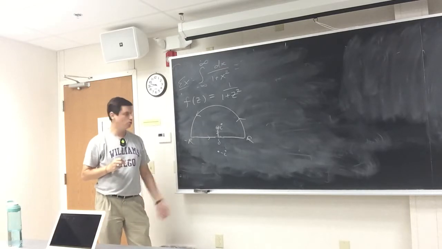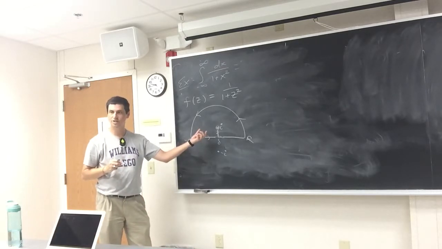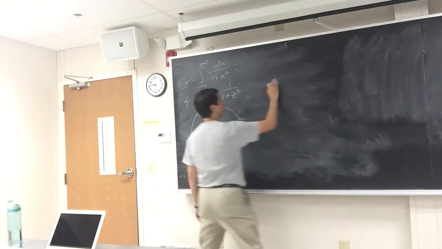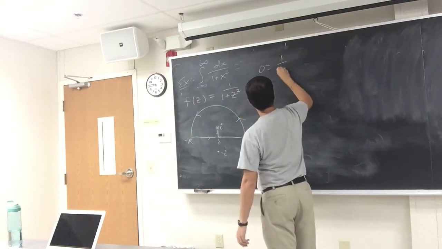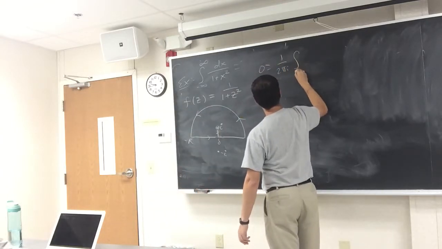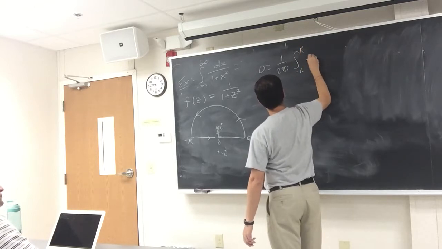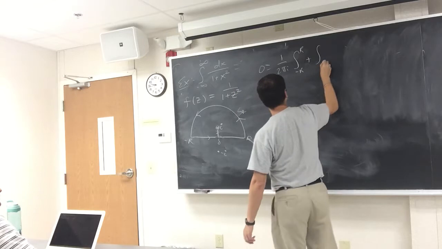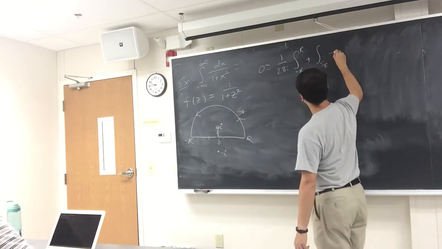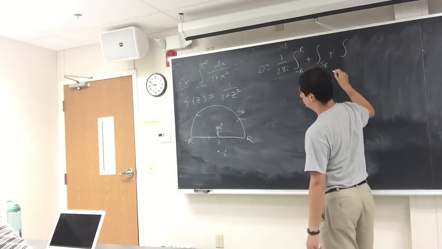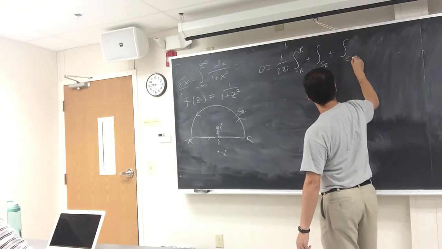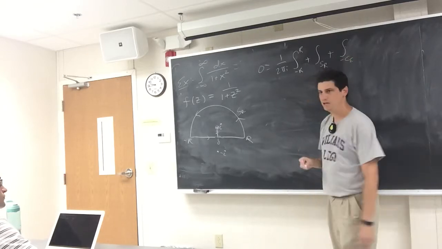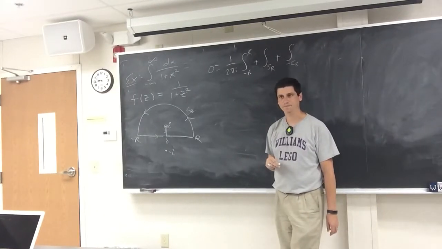My function is going to be holomorphic in the region in between, so I'm going to get 0. By Cauchy's theorem, 0 is 1 over 2 pi i times the integral from minus r to r, plus the integral over the semicircle of radius r, plus the integral over the circle of radius epsilon, and I'll put a minus sign because we're going about it the wrong way.